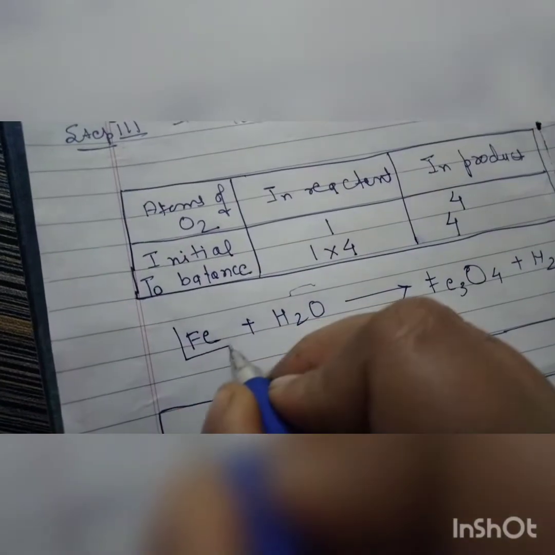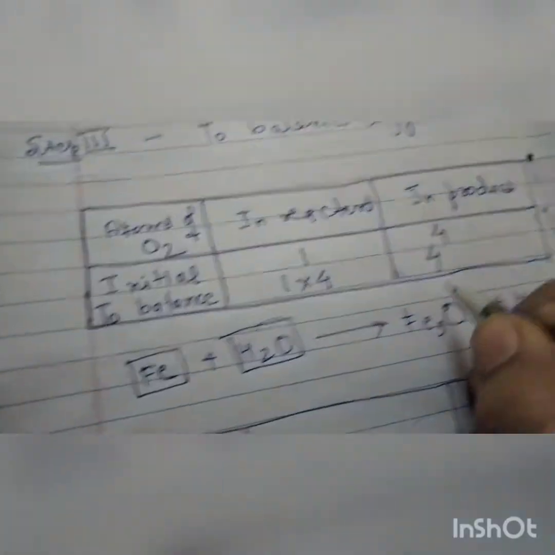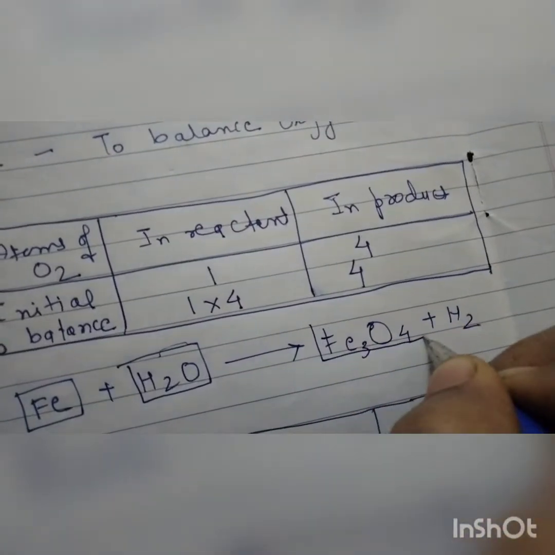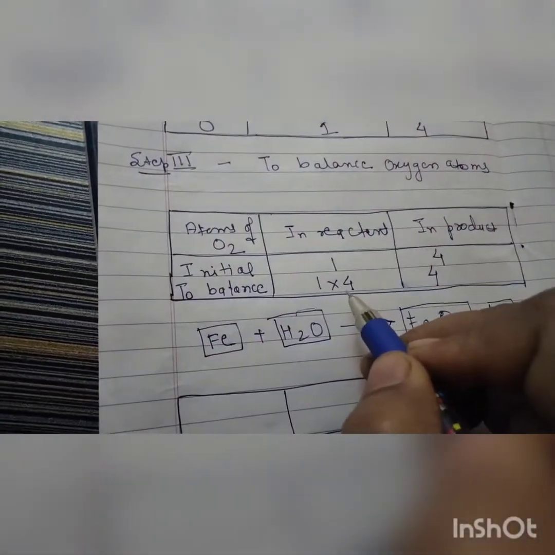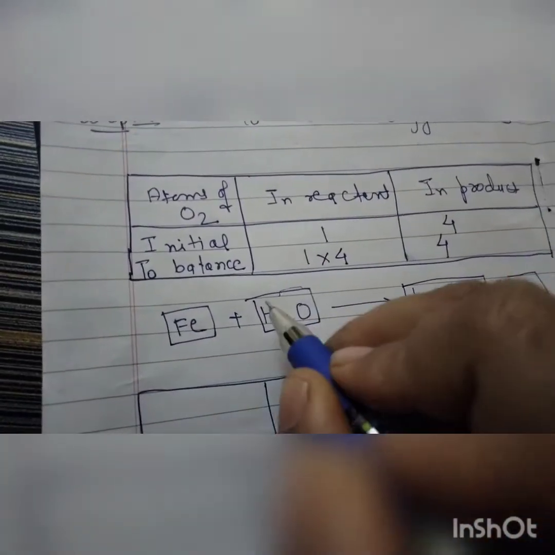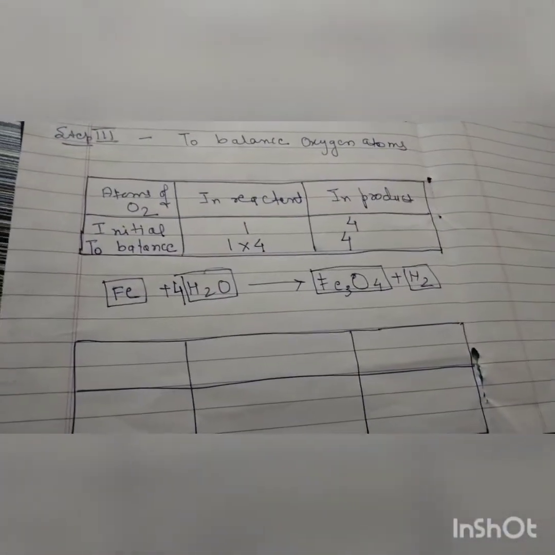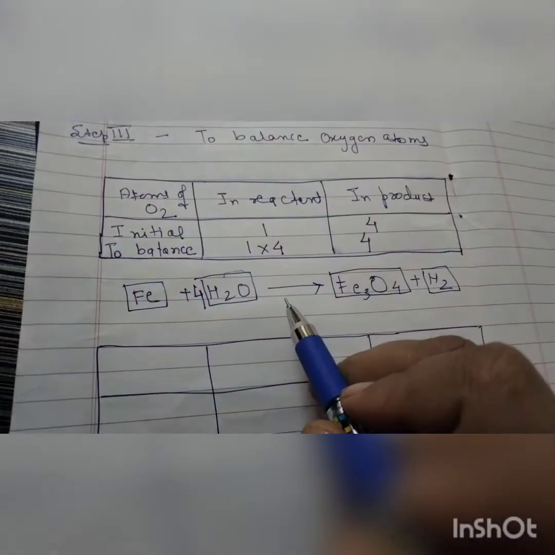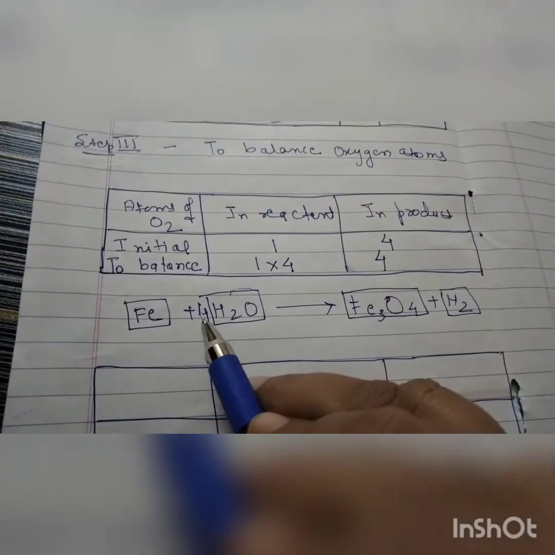So I am making here our boxes. Now what we have to do, we will multiply in reactant side oxygen with 4. So here we will write 4. We will not change anything, students. We will just write 4 here to make it O4.